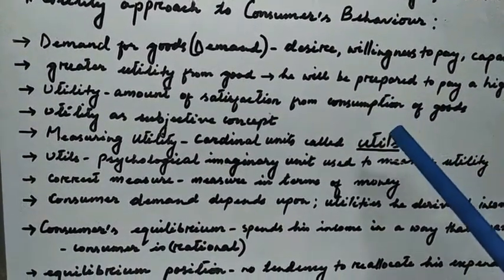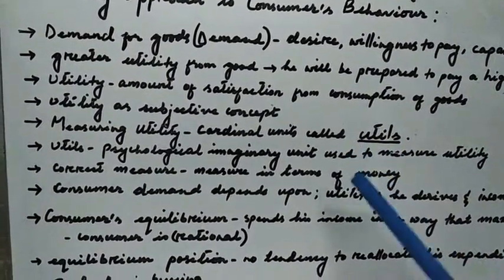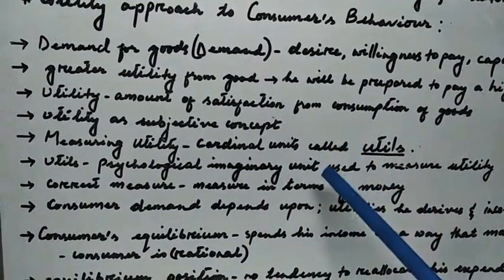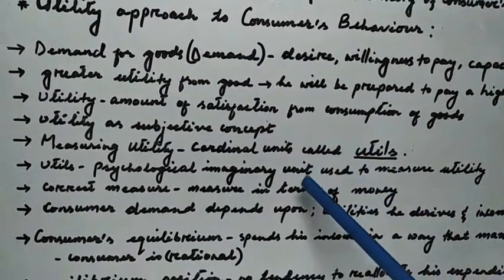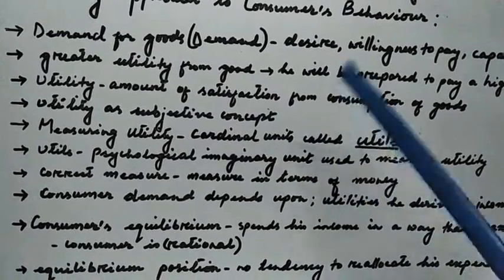So measuring utility in terms of money is more correct. I'm repeating the example again. Suppose you are ready to pay 5 rupees for a cup of tea, then the utility you derive from that cup of tea is equal to 5 rupees.